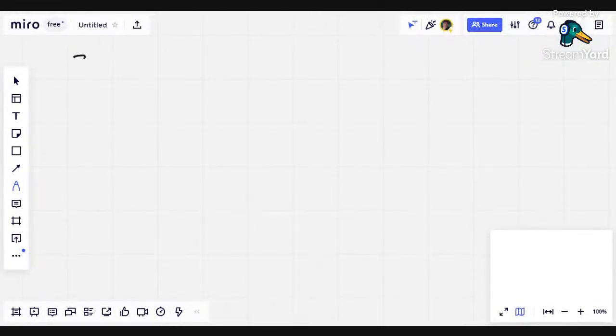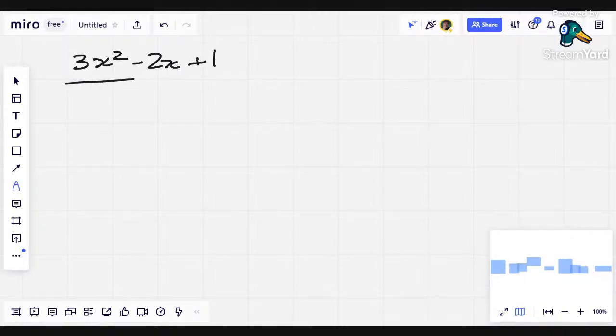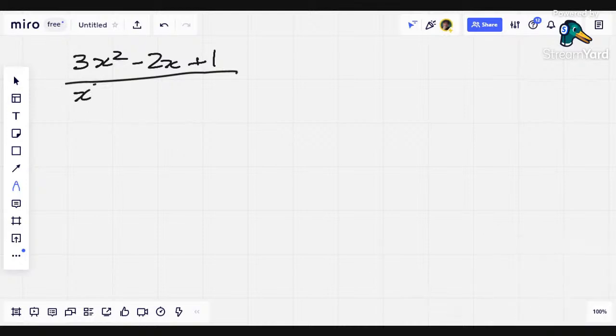We're looking at this rational expression: 3x squared minus 2x plus 1, all over x cubed minus 3x minus 2. There's a rational expression that we want to be able to do some calculus to.